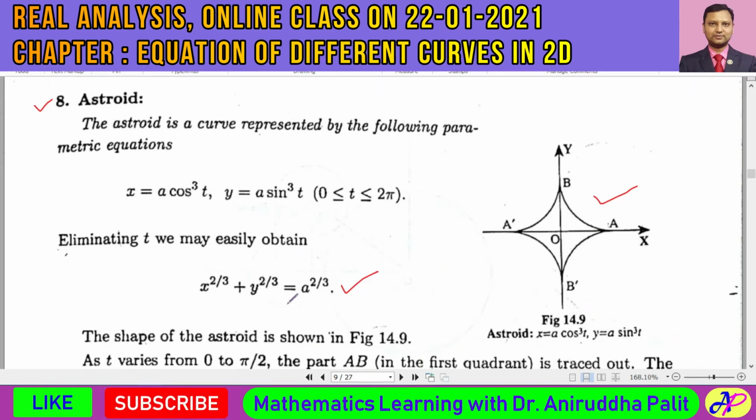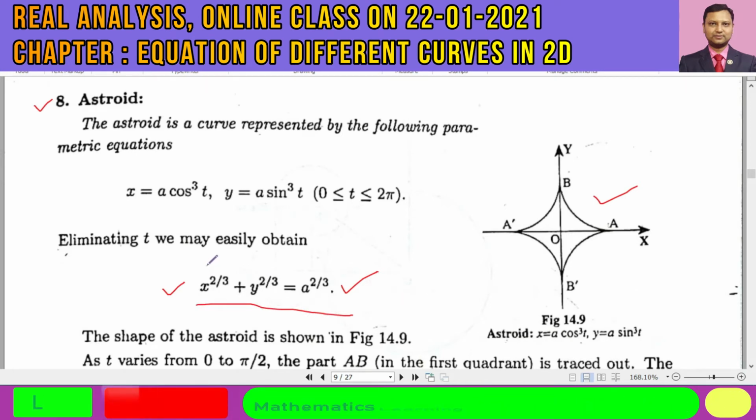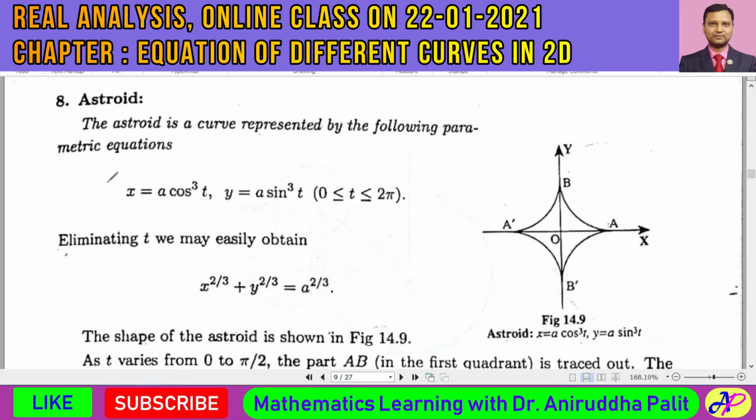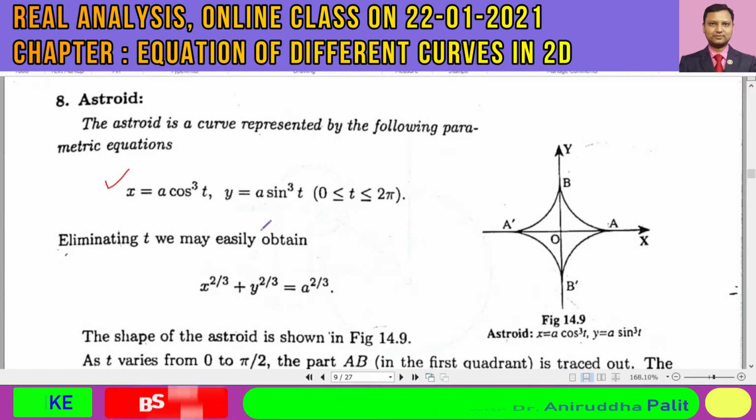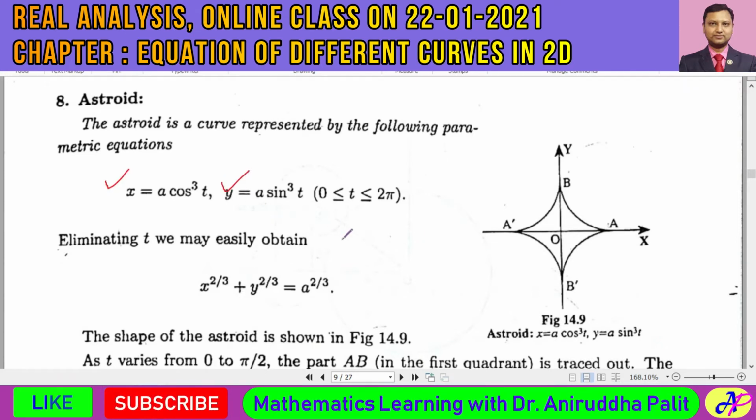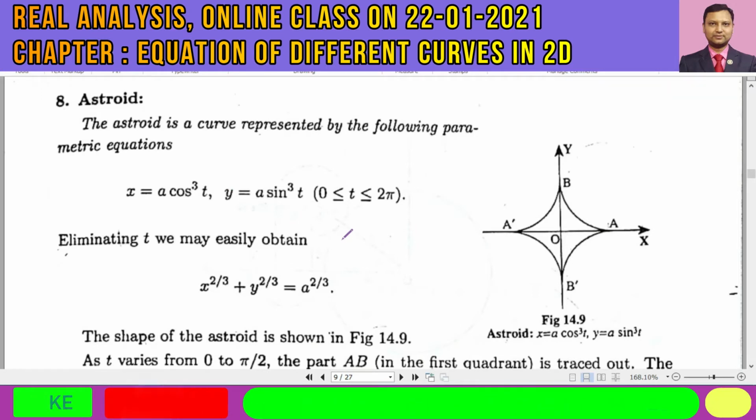This is the Cartesian form. Got it? And this asteroid can be written in parametric form in this way: x is equal to a cos cube t, y is equal to a sine cube t. Okay, please remember these two representations, because this would be useful in your subsequent study.